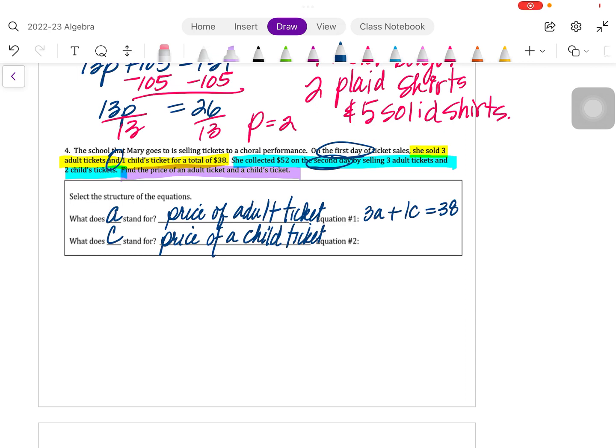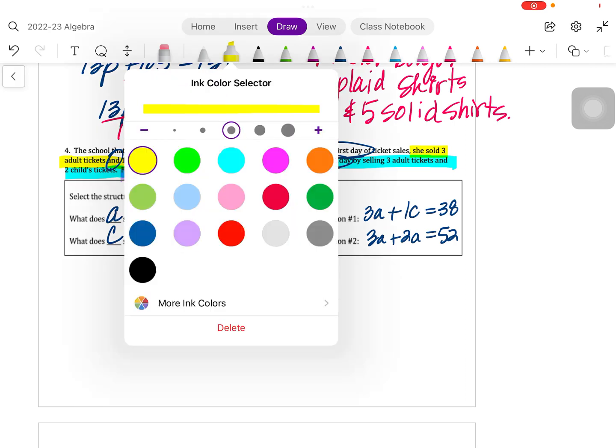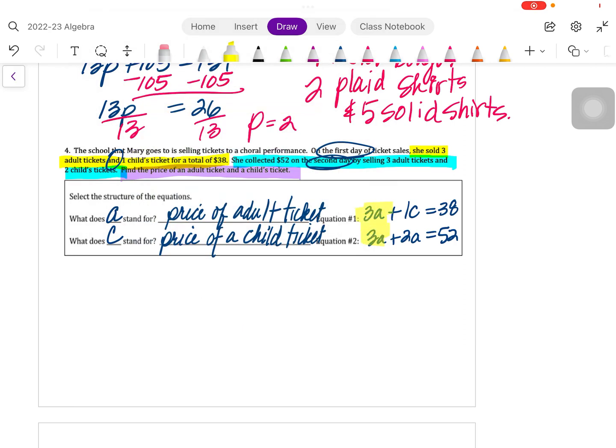The equation for day 2 is she collected $52 by selling 3 adult tickets and 2 child tickets: 3A plus 2C equals 52. Now with this equation, notice both of these are in standard form, and I'm also noticing that conveniently, this time I have a common coefficient.